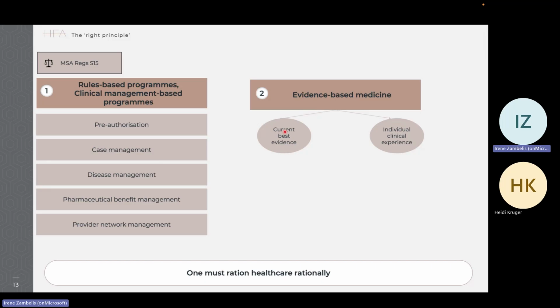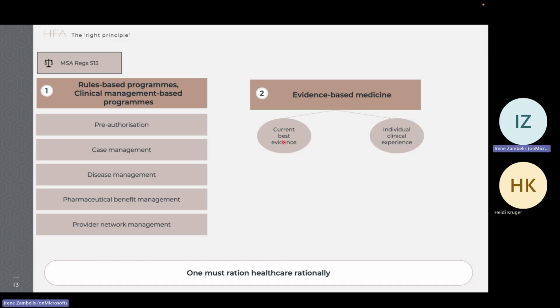And if you think of all the new technologies and drugs that come onto the market for treating certain conditions, a scheme needs to decide, well, are we funding this? And if we do fund it, what's the cost impact for all our members? So you need to look at what's current and what the medical research says.